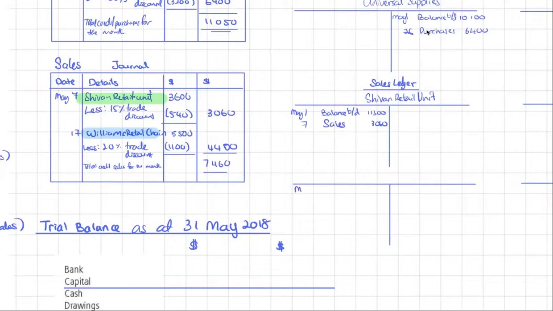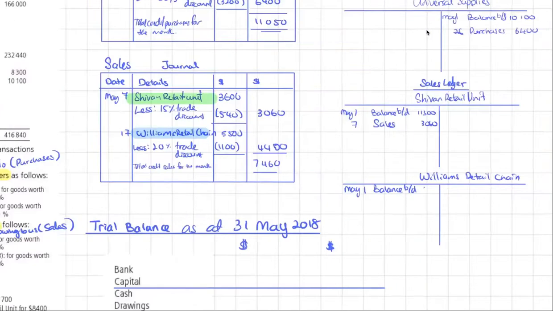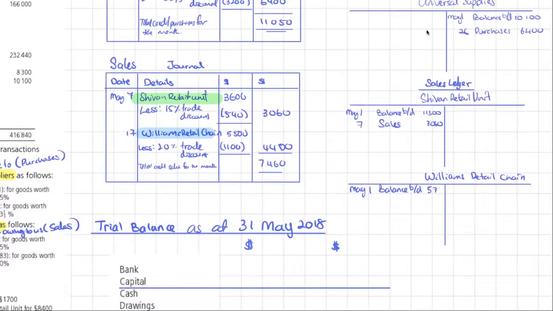Next will be May 1st here, balance brought down. William's Retail Chain, balance 5,780. Sales 17, 4,400. We're not going to do anything after this.